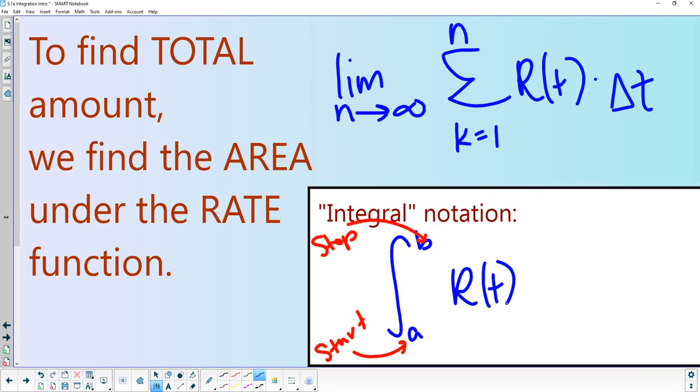And now instead of delta t, remember we went from Greek to, I'll call it American letters, English, right? dt here. Delta t turns into dt. So when you see this integral notation, this just means find the area under the curve of this function, starting at time A and stopping at time B. Okay, we're going to make some more sense out of this here.